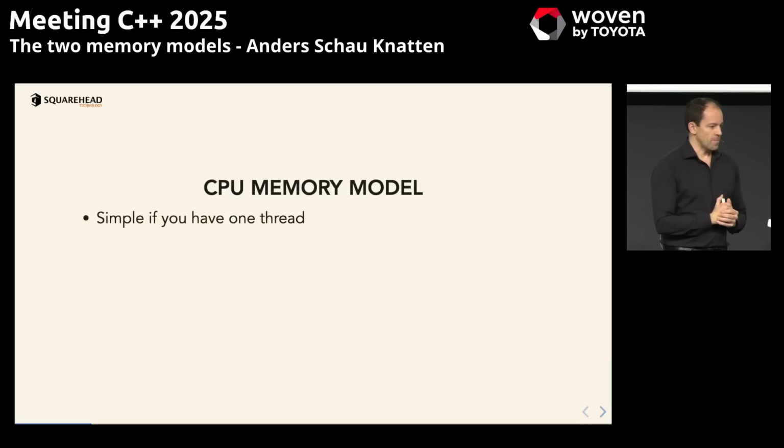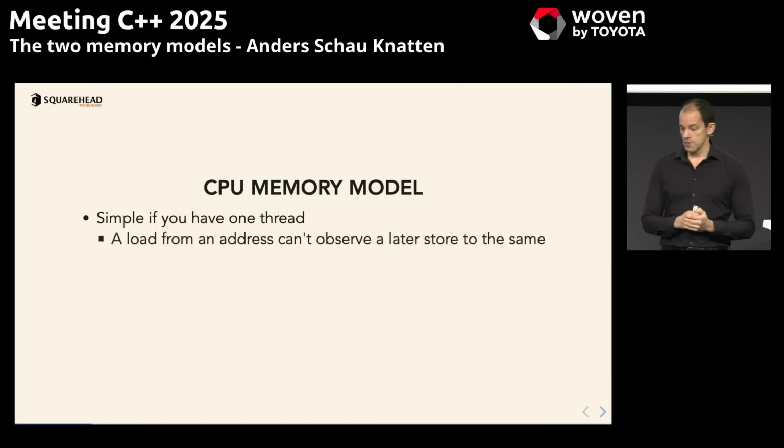If you have one thread, it's actually very simple. You load a pointer, or somewhere in memory, you load it, and then you store to it. Well, the store must not affect that load, right? You load the old value, and then you do the store. If you load and then store, and the load returned that store, that would be meaningless.